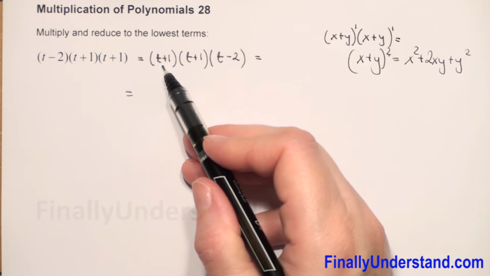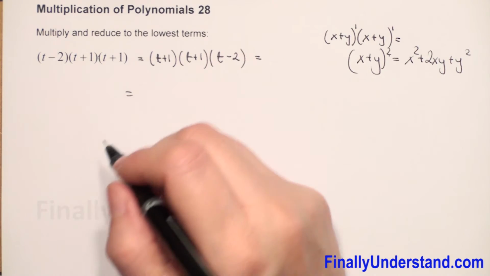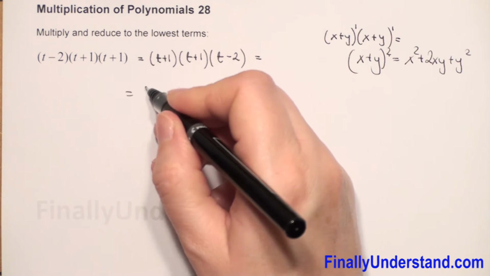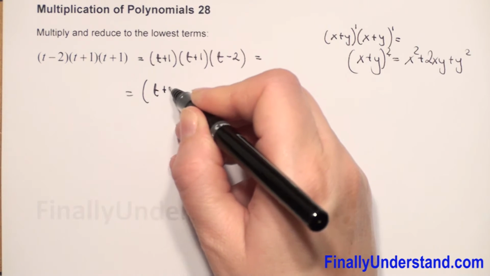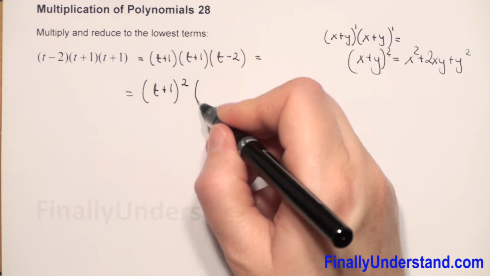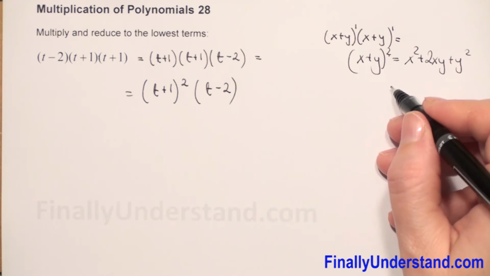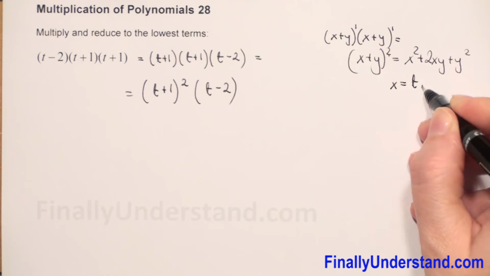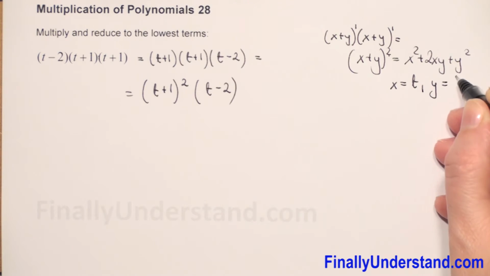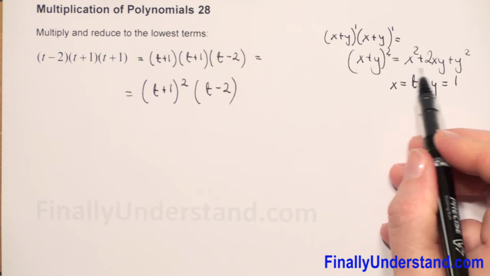In our example, we have t plus 1 times t plus 1. So this is equal to t plus 1 to second power times t minus 2. In our example, x is equal to t and y is equal to 1. So now we can use this formula.